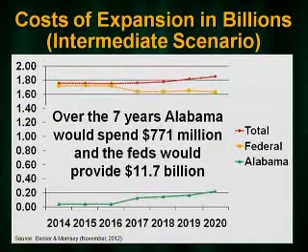So even in those first 3 years, every state that expands has to pay their share of the administrative costs. It's about half of the administrative costs. In Alabama, our estimates are about $39 million. But over the 7 years, our estimates are that Alabama would spend $771 million for its share, and the federal government would provide almost $12 billion worth of spending.